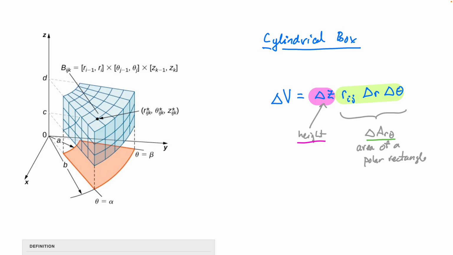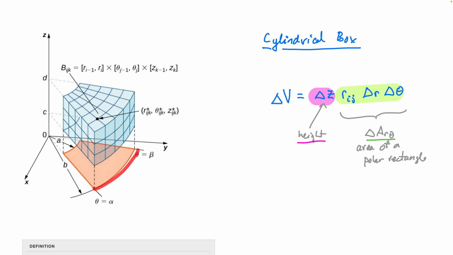You can also recall from polar integrals that the area differential picks up an additional factor of the variable r when computing out small polar area measurements.